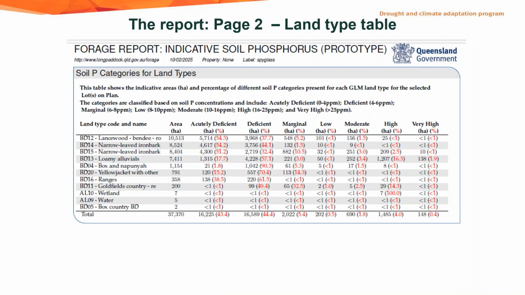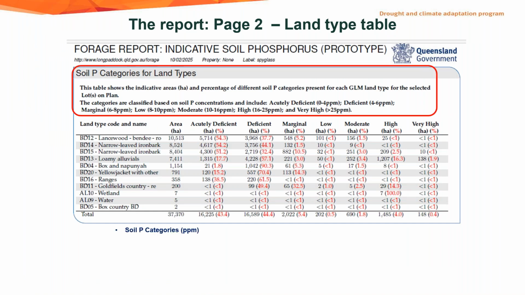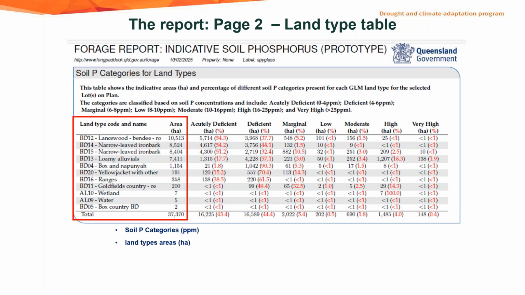Page 2, and for those that want to get right into the details of the data, we've got the soil P categories for the land types. So this will give you the values again for the 7 categories. Then we'll break that up into the land types, so you know exactly those land types by area, from highest to lowest, with a total down the bottom.